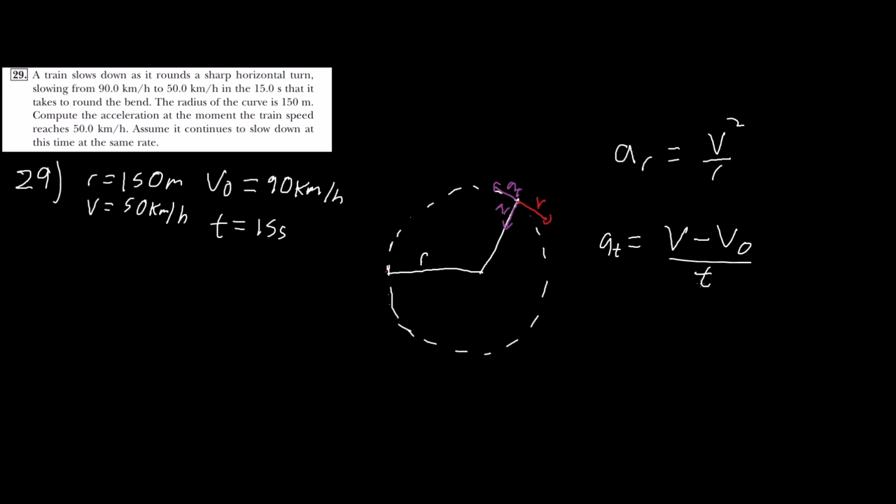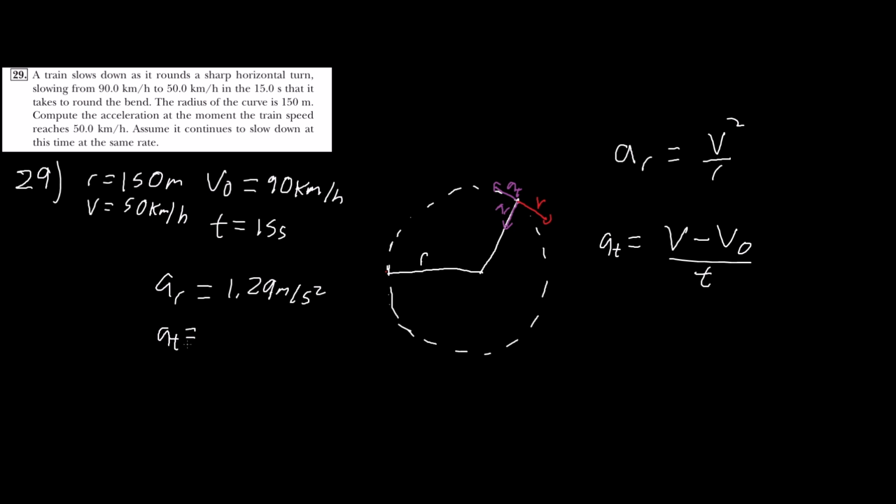V squared over r is going to be some value where A radial is going to be 1.29 meters per second squared. And A tangential is going to be, what's that, 40 times 10 to the 3, okay, I'm going to convert that.